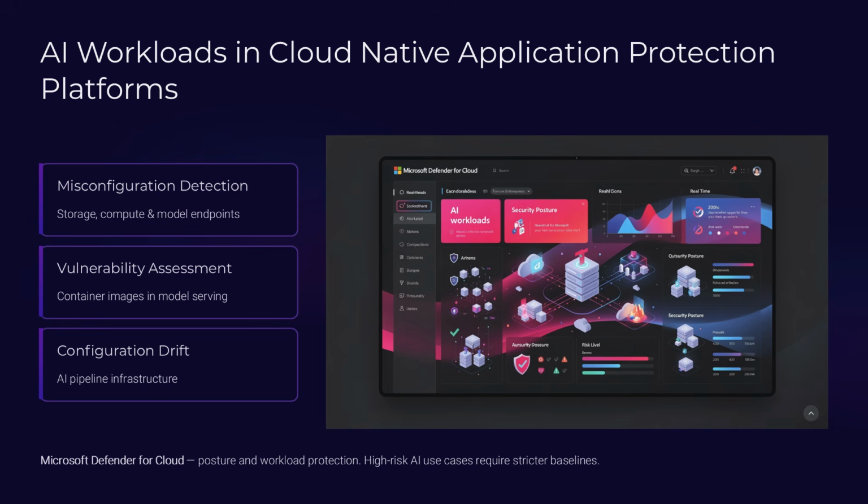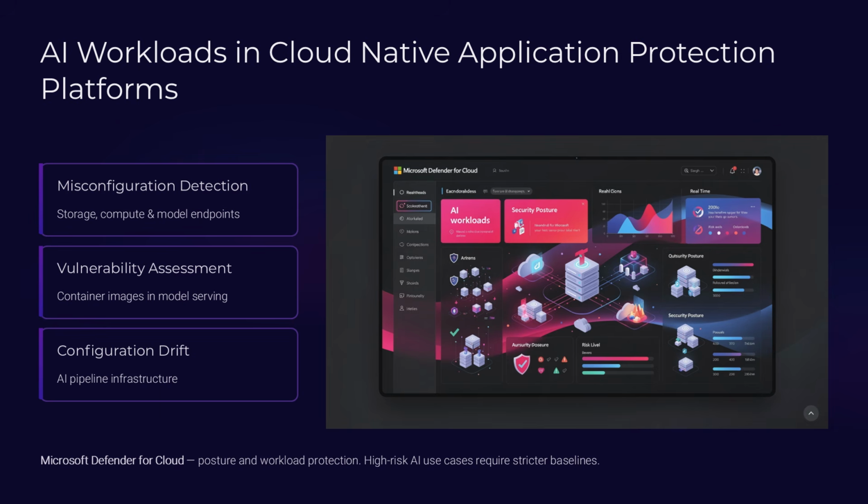Now that you know where artificial intelligence workloads live, let us align them with cloud-native application protection platforms. A cloud-native application protection platform brings together posture management, workload protection, and risk visibility across cloud environments. In this context, your goal is to ensure that artificial intelligence workloads appear as monitored assets with clear security posture signals.